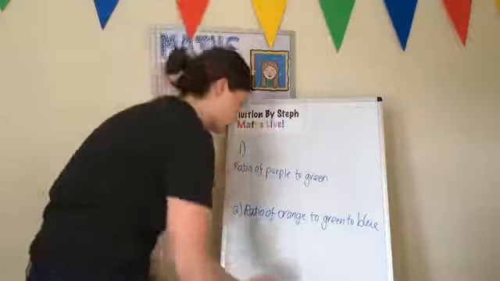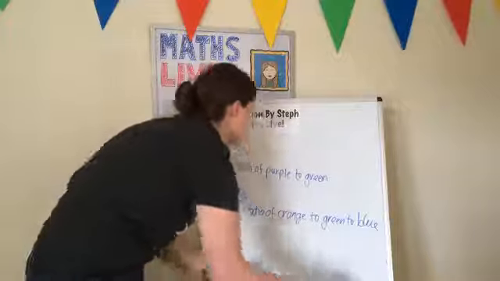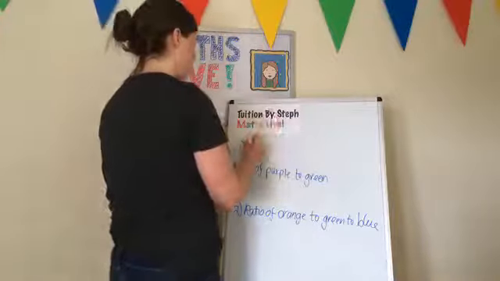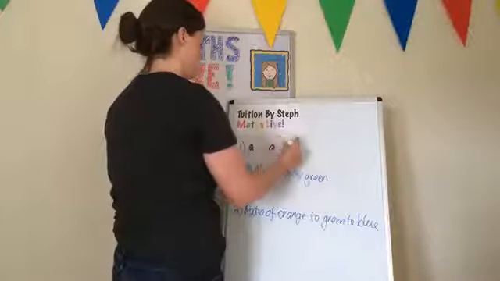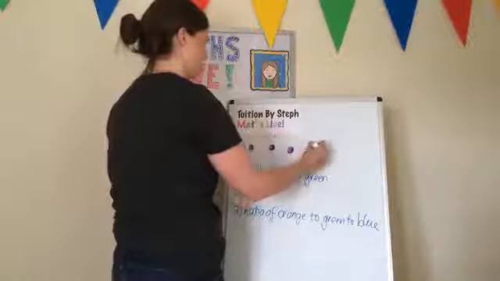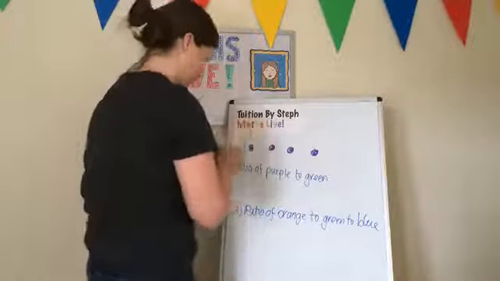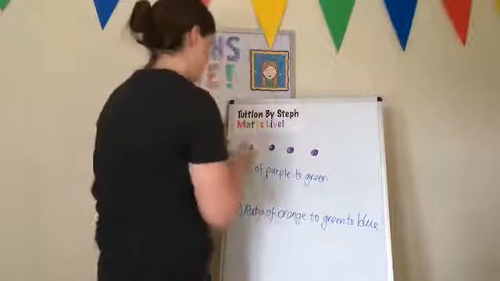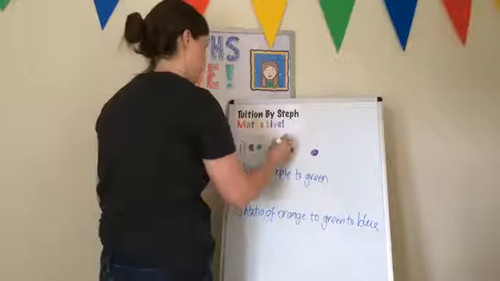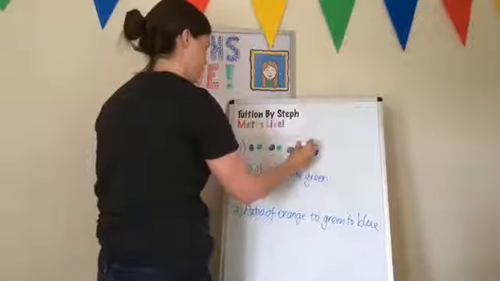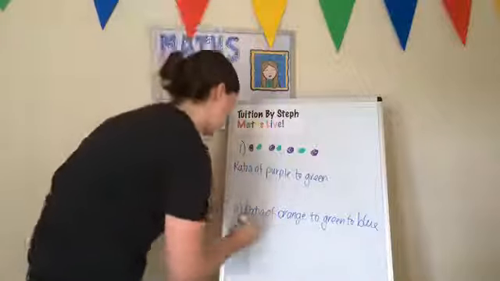So I need purple and green. I need ones, don't I? So ratio of purple to green. So I'm going to go 1. Don't know why I'm counting, that's just helping you guys out, isn't it? So there's question 1.